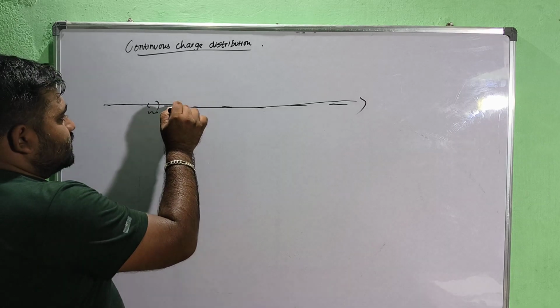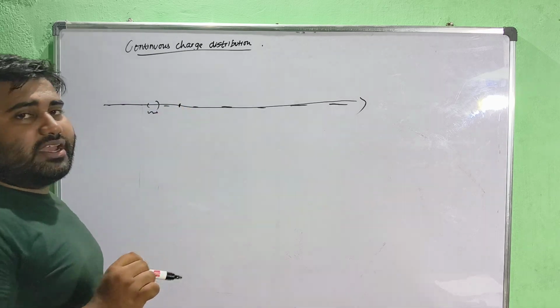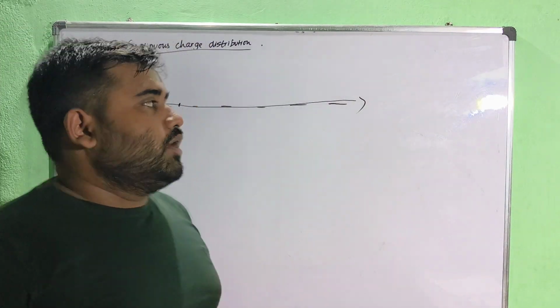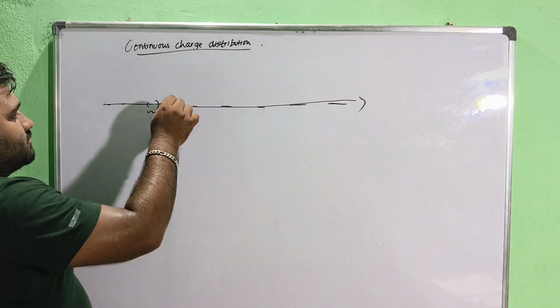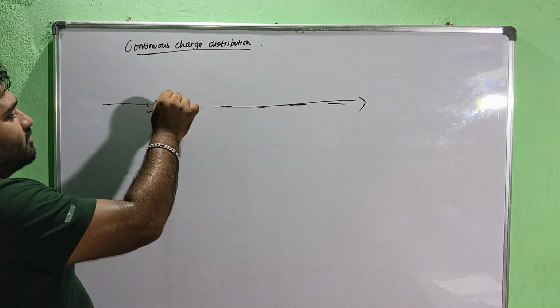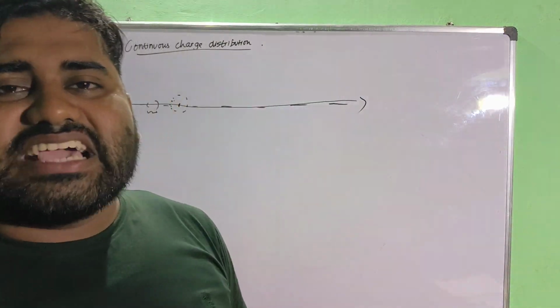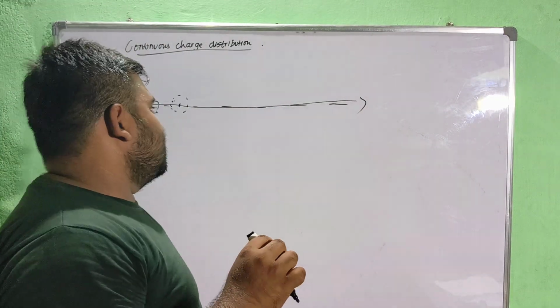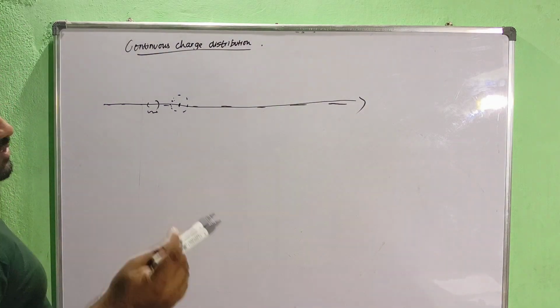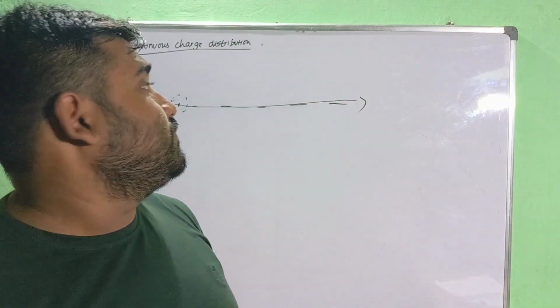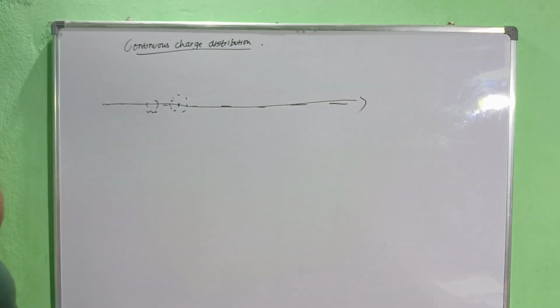No, we cannot, because it is not certain that we can find the exact magnitude of that charge. So we define some other terms. We will come to that point later.